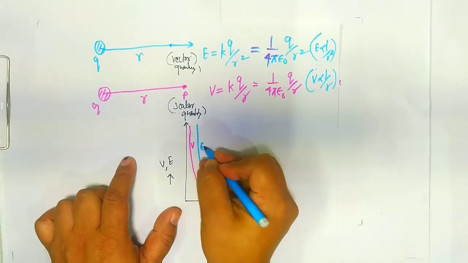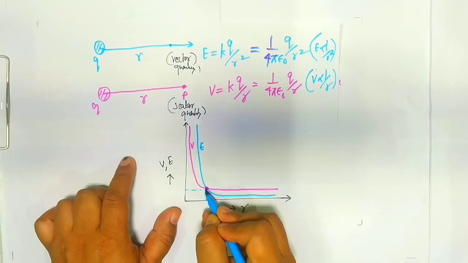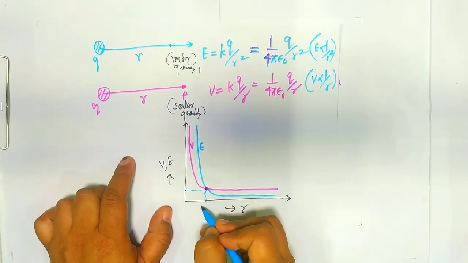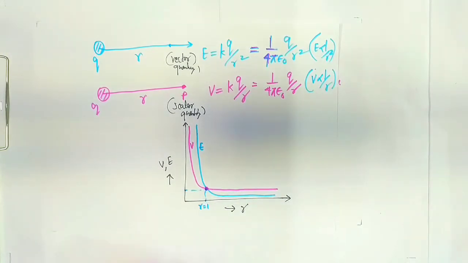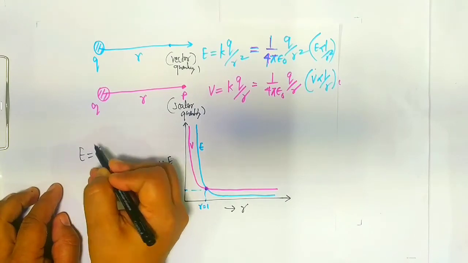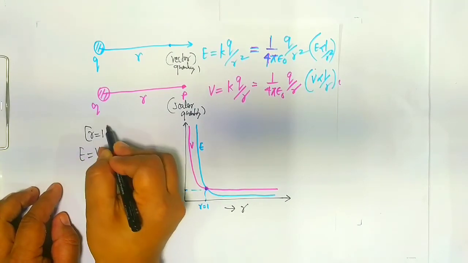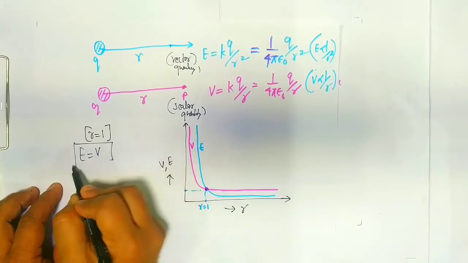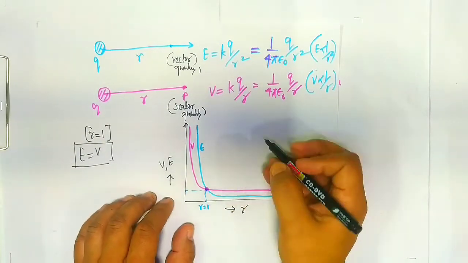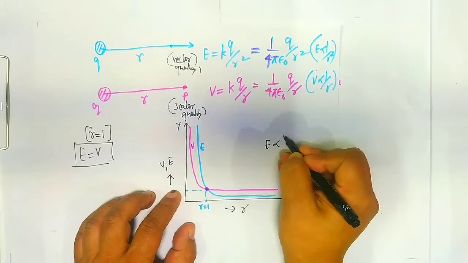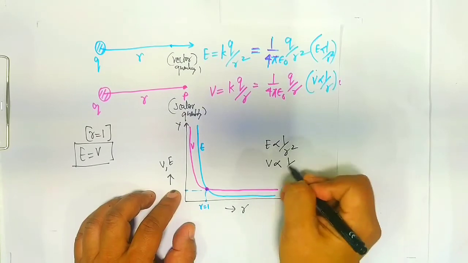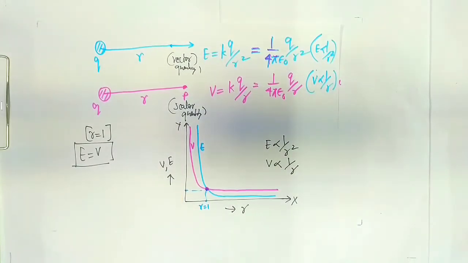At some point they are the same: when R is 1, V and E are the same. Put R equal to 1, a unit distance, and E and V become the same. The electric field graph will be steeper, because E is inversely proportional to R square, whereas V is inversely proportional to R. So this is the graph between electrostatic potential and electric field intensity.